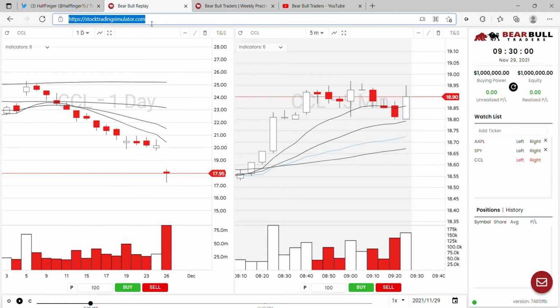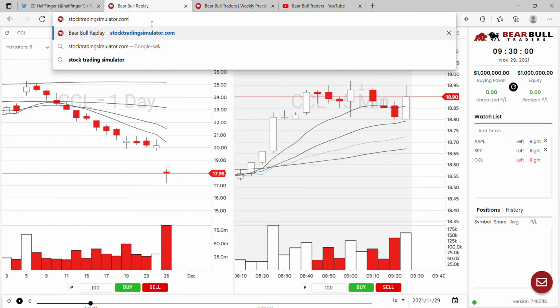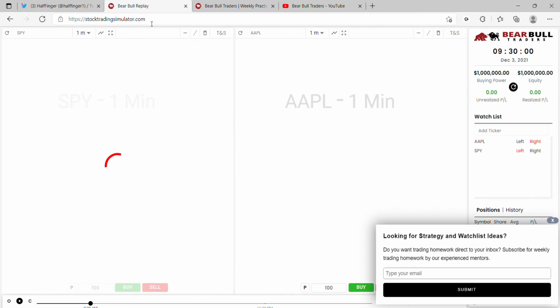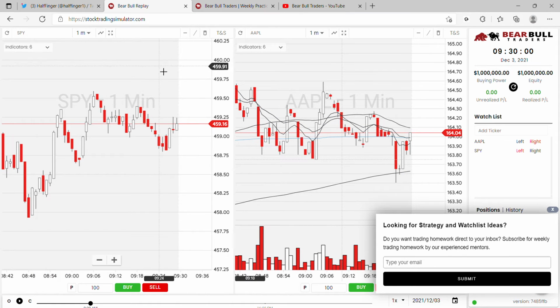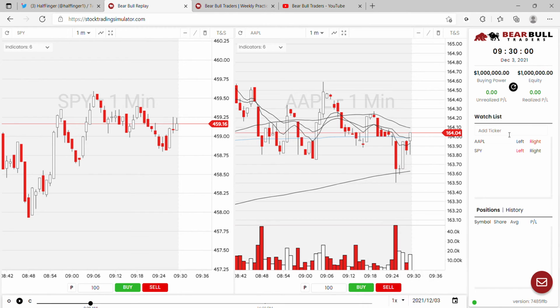The webpage is called stocktradingsimulator.com. So you go in here and this is it. You can add your ticker here, and you can set the date you want to trade.